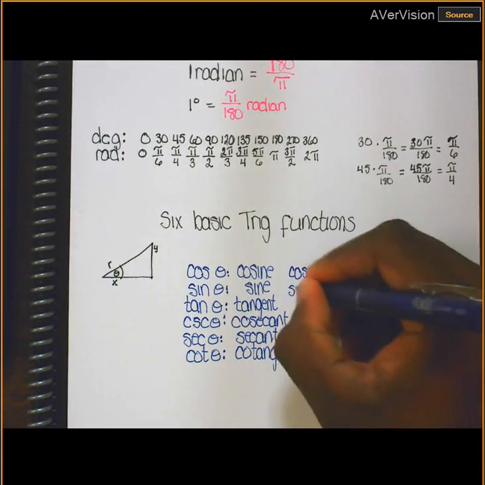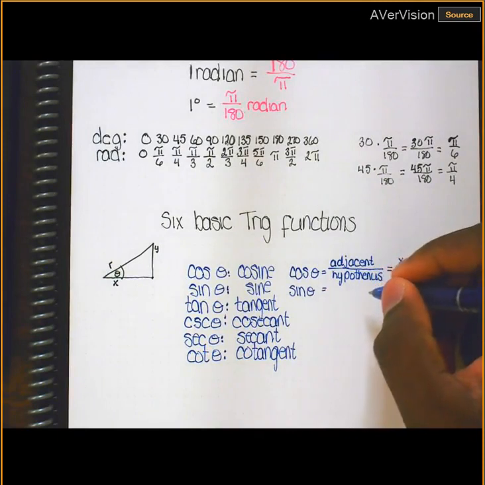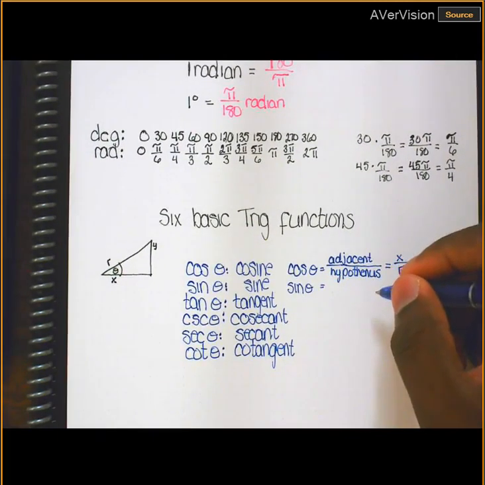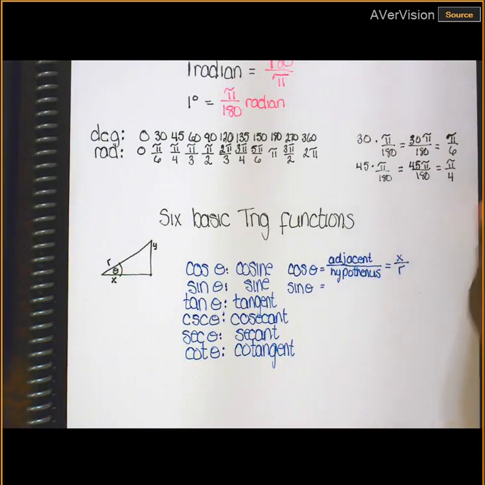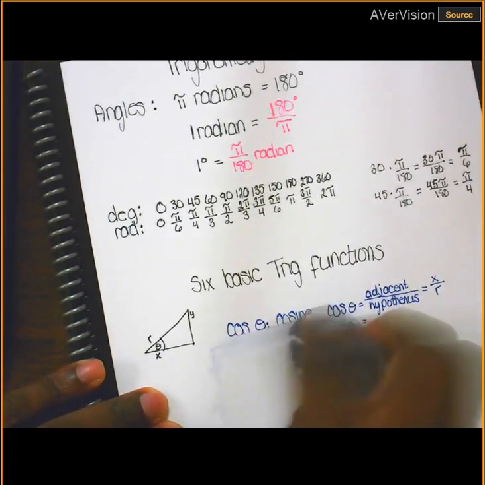What about sine? Do you remember what that one was? Opposite over hypotenuse. Should have left more space.